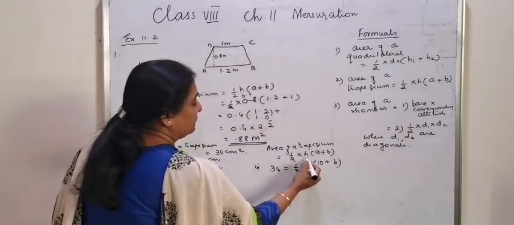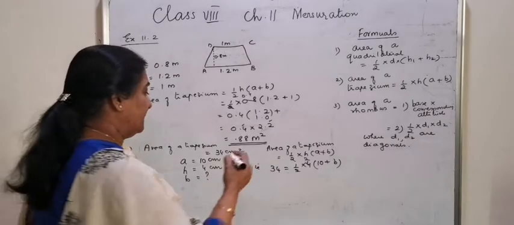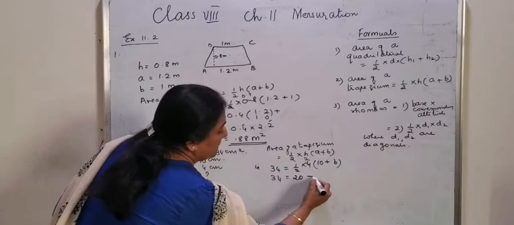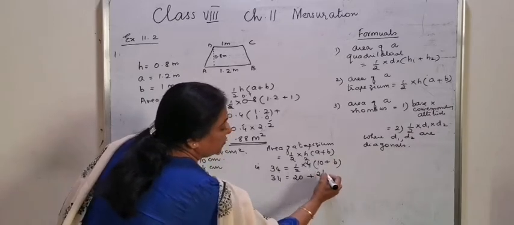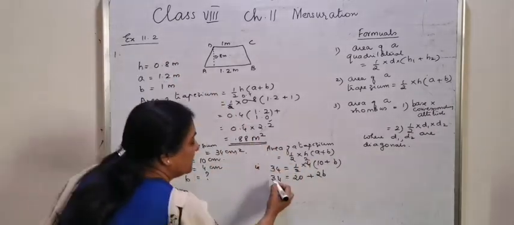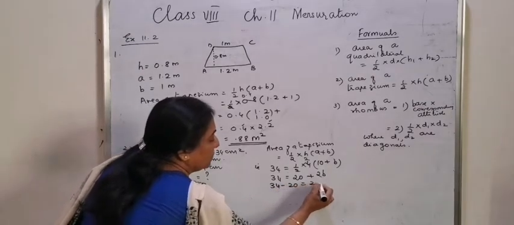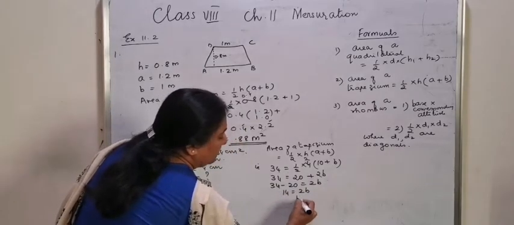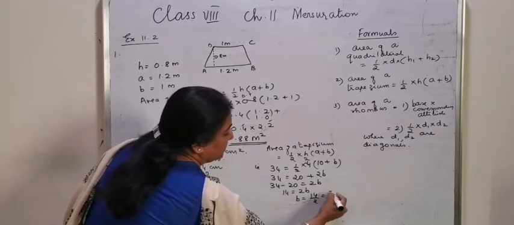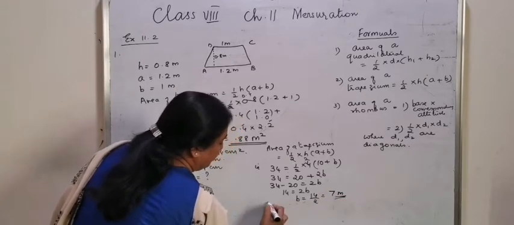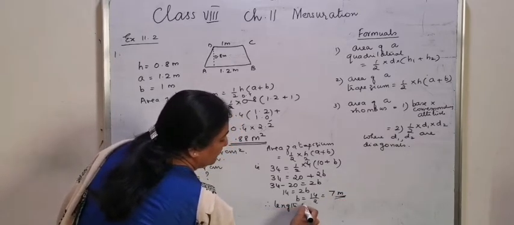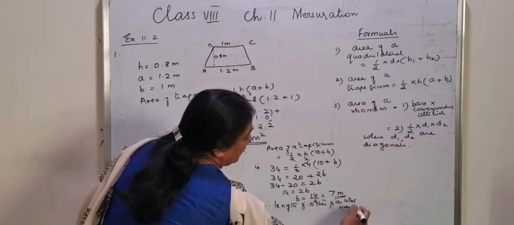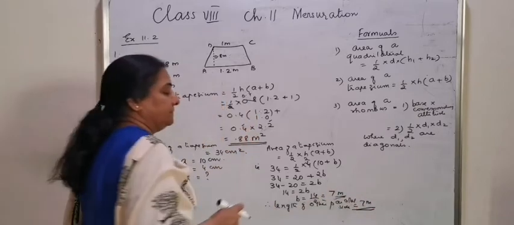You can cancel 2 and 4 or you can simplify. 34 is equal to, when you expand, 2 into 10, 20 plus 2 into B is 2B. 34 minus 20 is equal to 2B. 14 is equal to 2B, or B is equal to 14 divided by 2, which is equal to 7 meter. Therefore, the length of the other parallel side is equal to 7 meter.